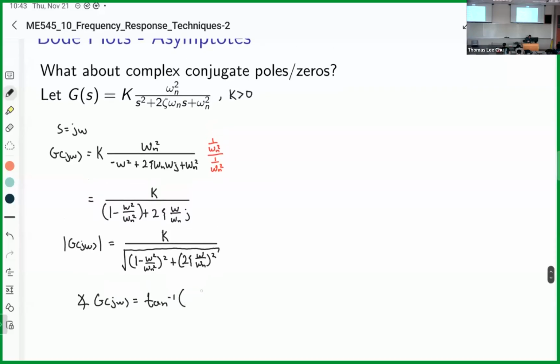Since we have no zeros, it's just 0 over K because there's no imaginary component, minus arctan of the imaginary component, 2 zeta omega over omega n divided by 1 minus omega squared over omega n squared.